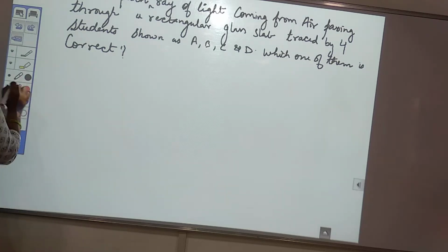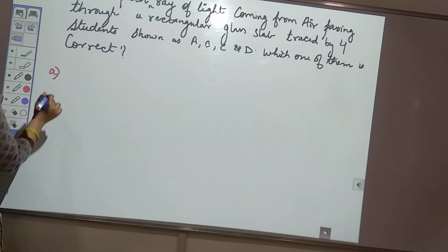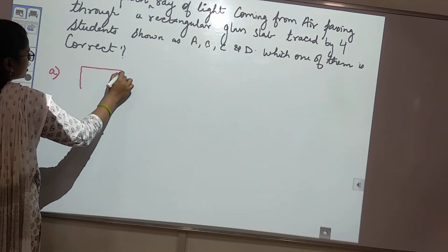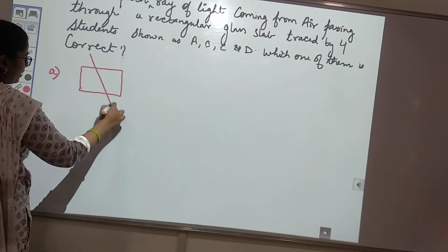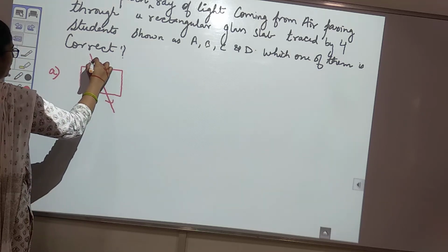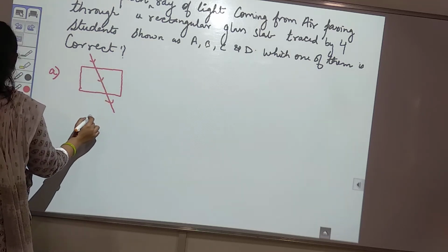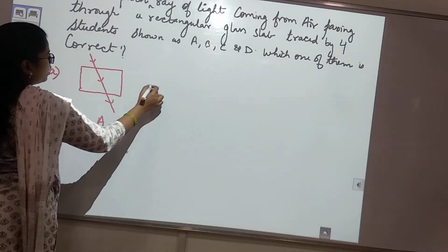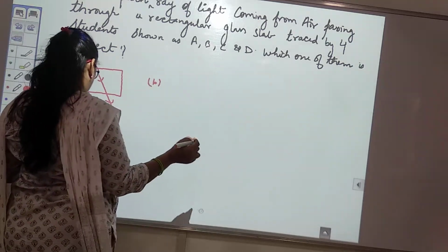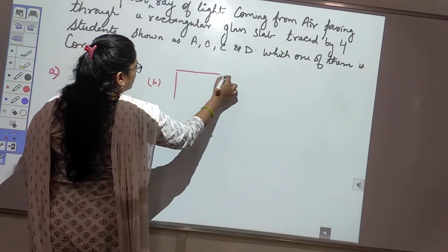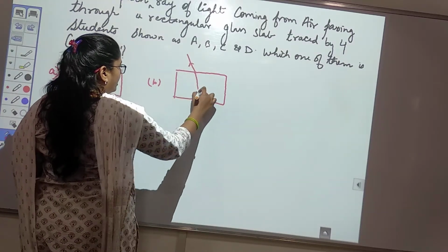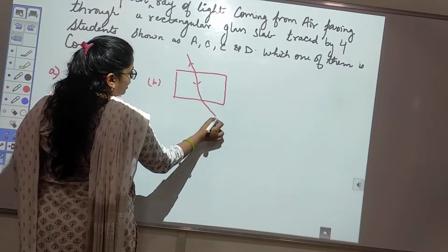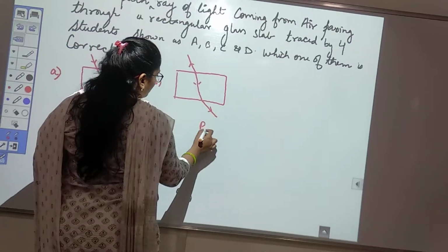So the options which were given: option A, this is a rectangular slab, and a child has made a diagram like this. This is option A, and B, the second child made the diagram like this. And this is the incident ray. It can bend, it can reflect back.